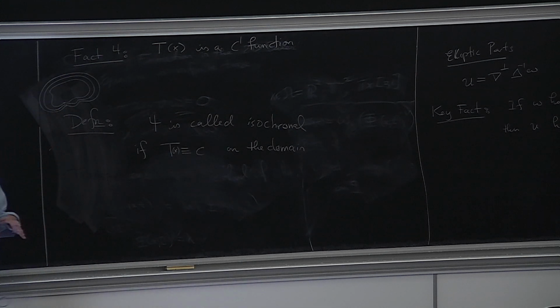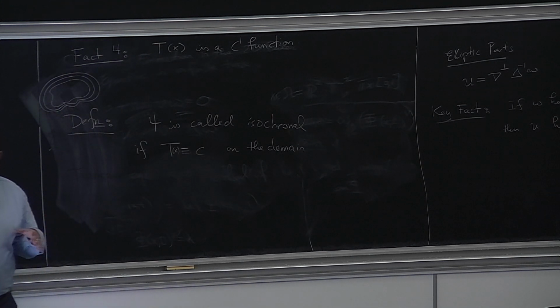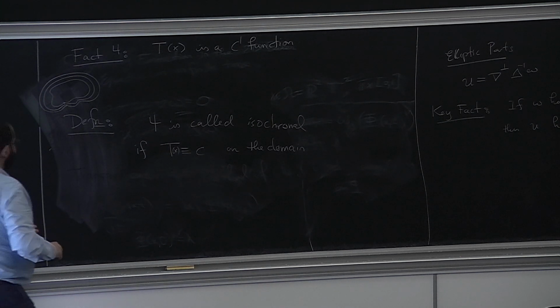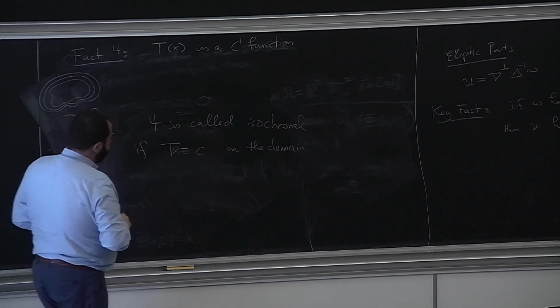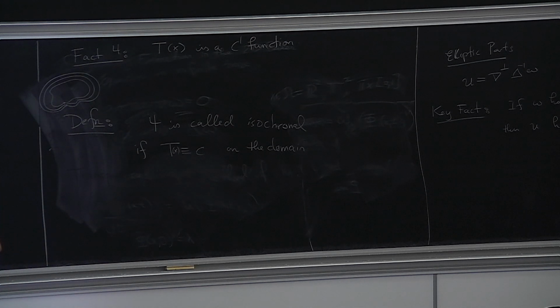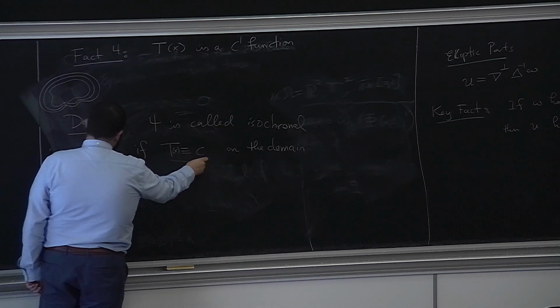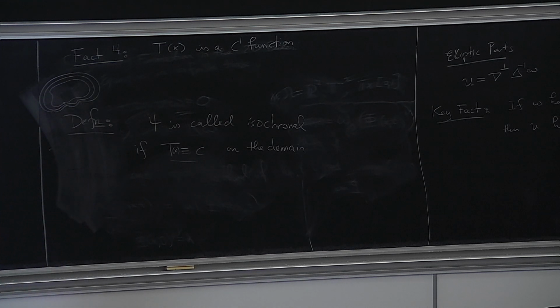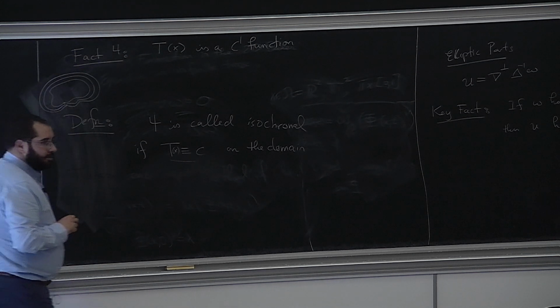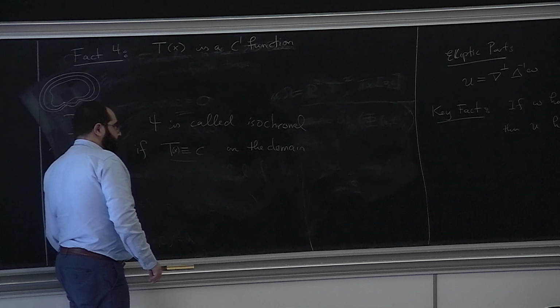Isochronal means the same time, so all points have the same period. This is a very, very special property. It's probably not very generic in fluids, particularly, but it does exist.